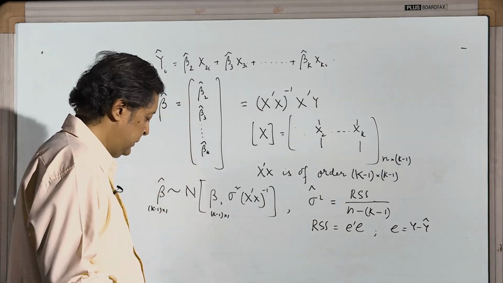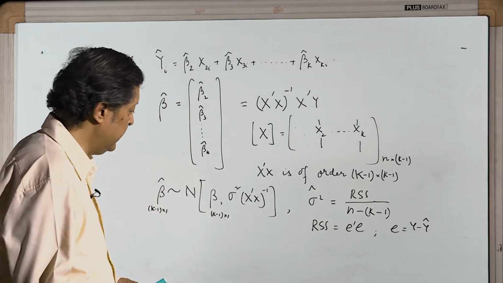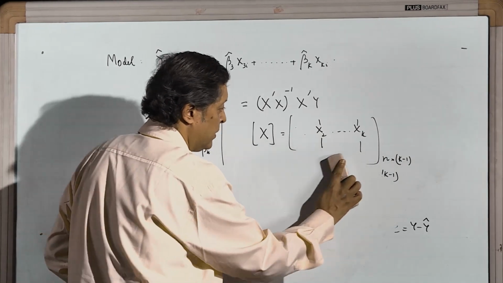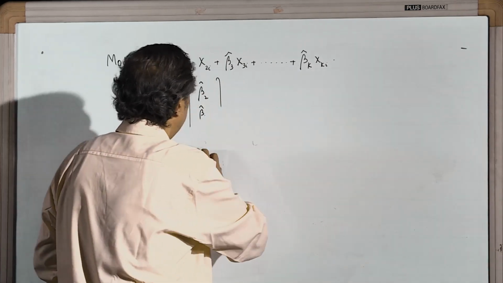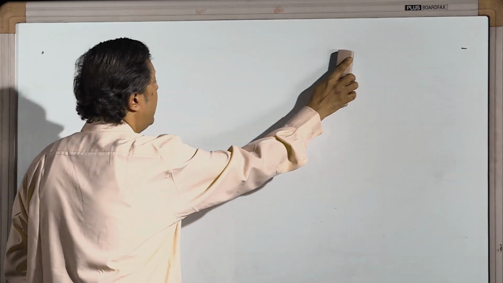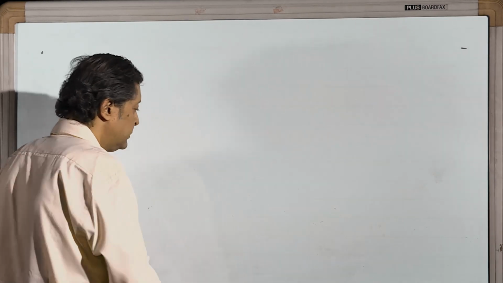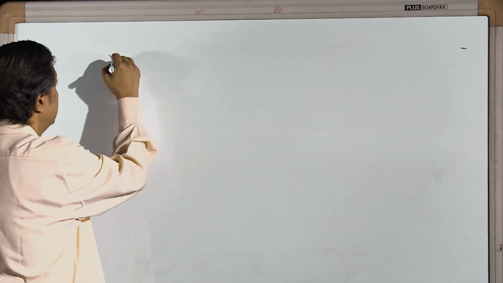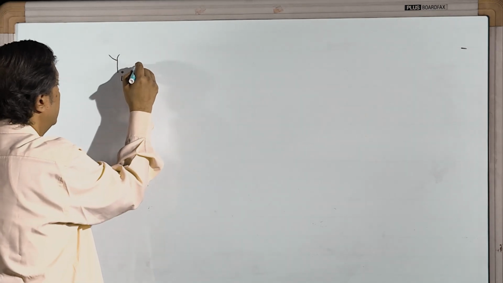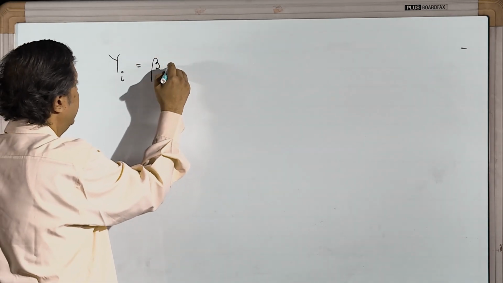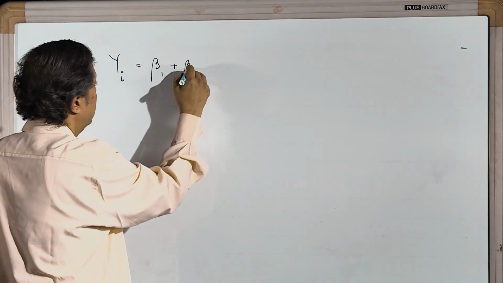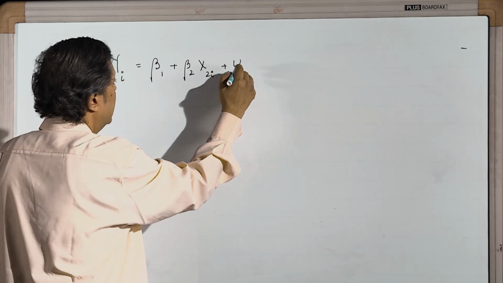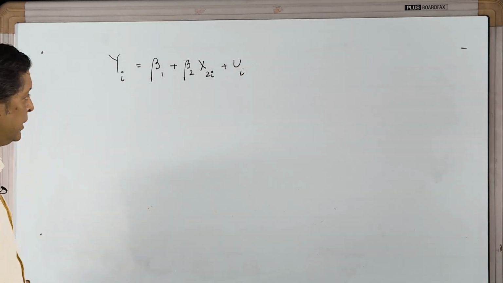Having done that, the next thing that we take up now is regression using standardized variables. So, first we define a standardized variable. Supposing we have, just for simplicity of exposition, the model y I equal to beta 1 plus beta 2 x 2 I plus u I, where u I follows all the classical properties.